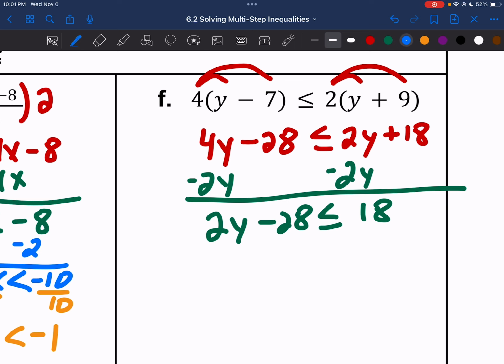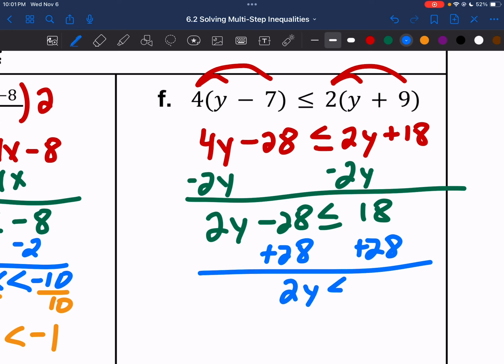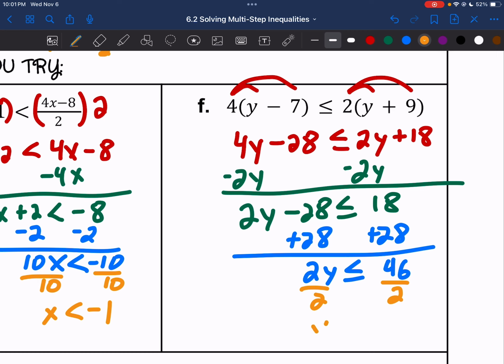And now we go ahead and add 28 to both sides. We get that 2y is less than or equal to 46. Our final step, divide by 2, and we get that y is less than or equal to 23.